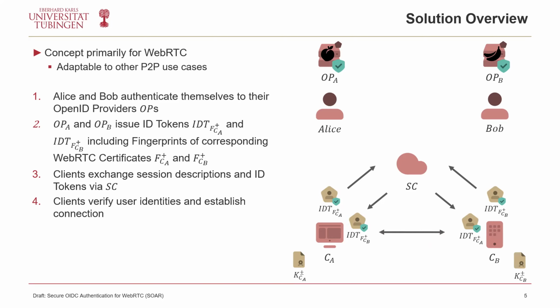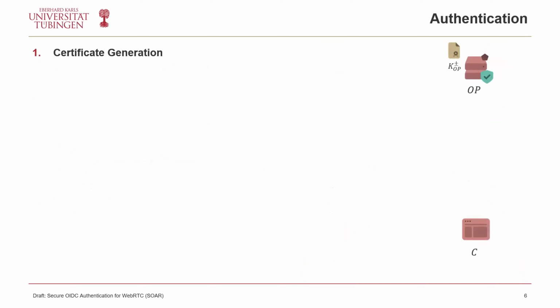I will now go into more details how this exactly works. At first, we need to describe this authentication process. Therefore, the first step is to generate a WebRTC certificate. This can be done using the normal WebRTC API. So we generate this public-private key pair or X509 certificate.